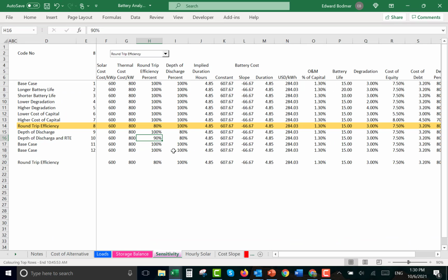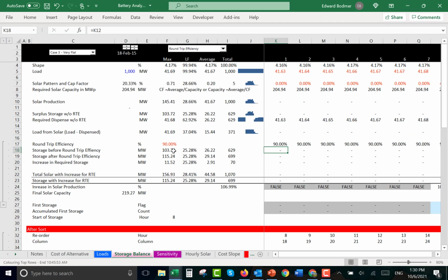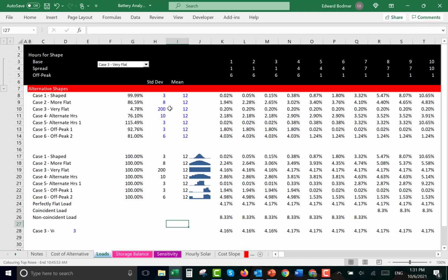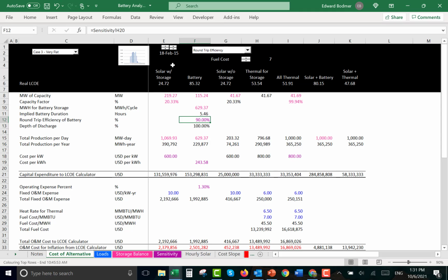Now I made that very extreme, so let's make that 90%. Oh, excuse me. I did round trip efficiency 90%. Remember, we have our scenarios, okay?